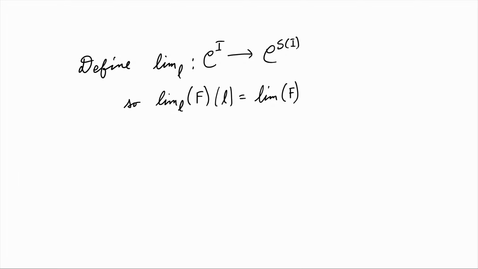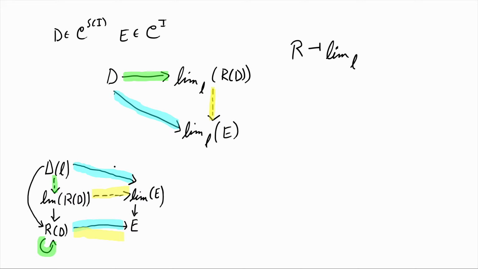Okay. So, taking a look at that, we actually can see that R itself is going to be left adjoint to our new summit limit functor, our cone limit functor, and we can see that by looking at a universal property that is satisfied between R and this limit cone functor.